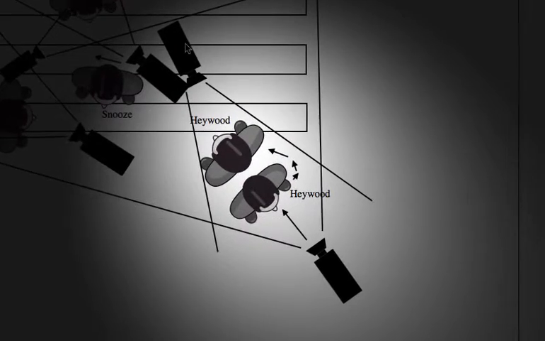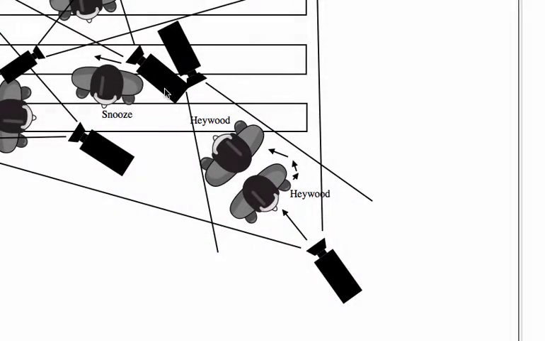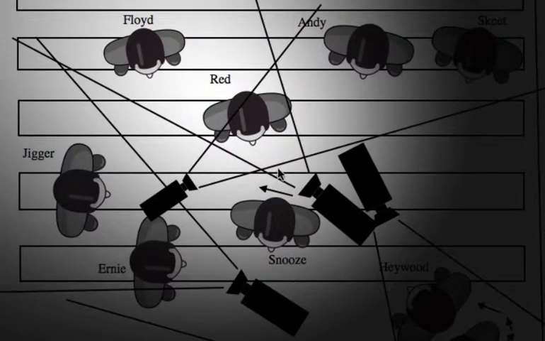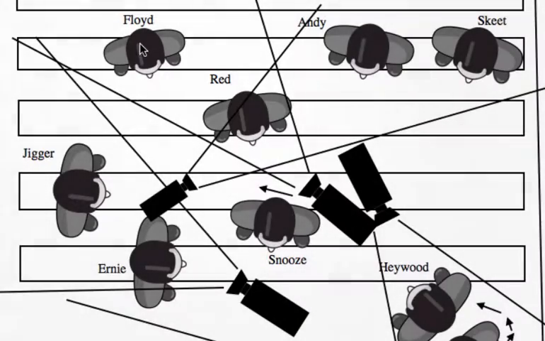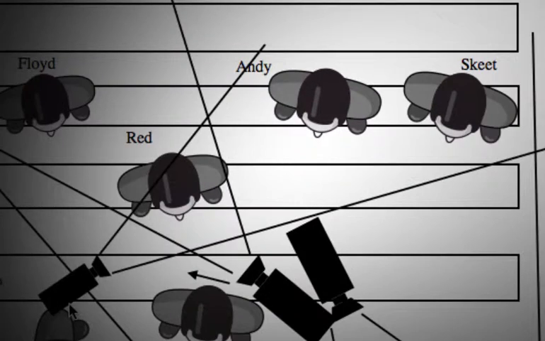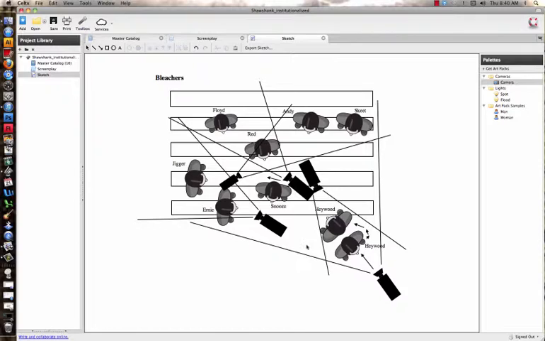We have the shot of Haywood from the front facing out. We have another shot of Red in the foreground with Floyd behind him. And we also have the shot with Red in the foreground with Andy and Skeet in the background. And this is your institutionalized scene for the Shawshank Redemption.